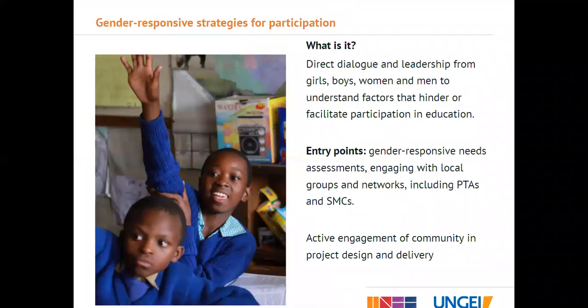Starting with gender-responsive strategies for participation. This involves ensuring the inclusion of all those affected by crisis in the design, implementation, and M&E of the programs, and ensuring that the needs and rights of all groups are adequately addressed through understanding the factors that facilitate or hinder girls and boys from attending and participating in education.